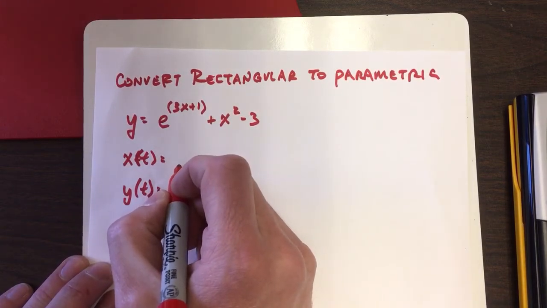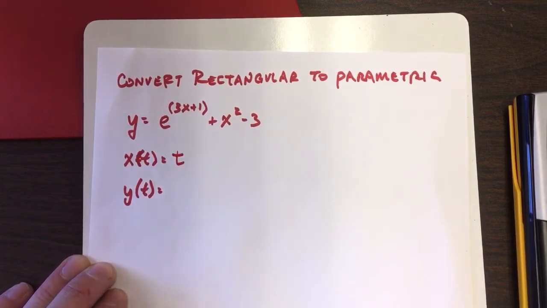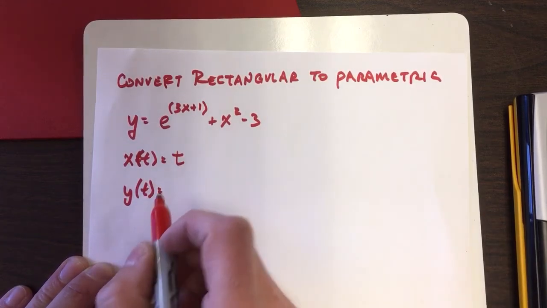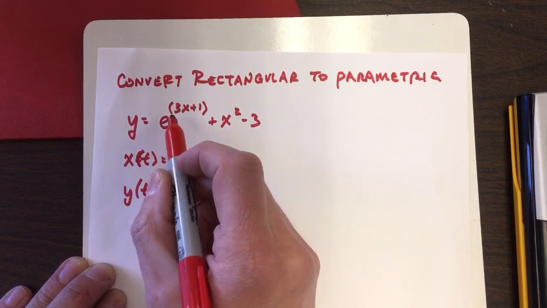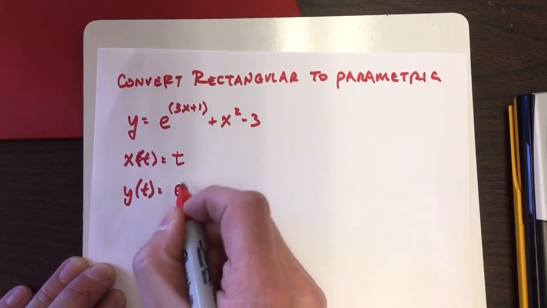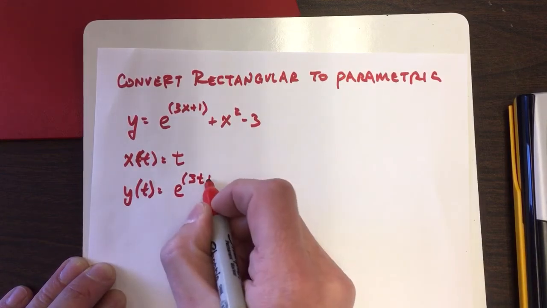All right, you ready? Here's what I'm going to do. I'm going to say x equals t, just t. If x equals t, then y, which is e to the 3x, well, x is worth t.